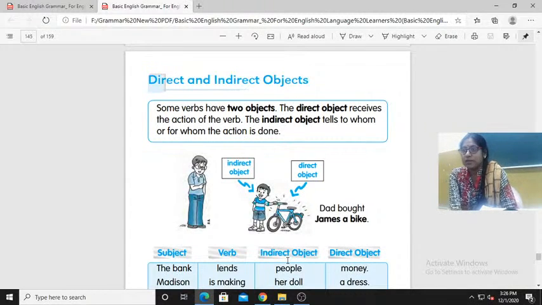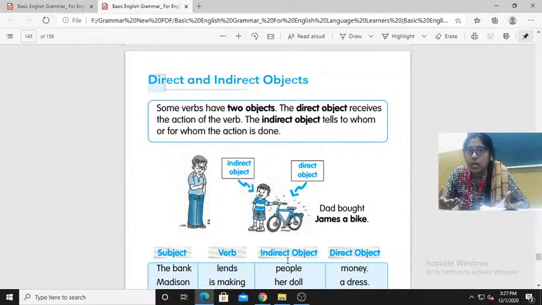So my dear children, this is not at all very tough and not at all very clumsy either. You have to be sure which one is direct and which one is indirect. The direct object receives the action of the verb. Just remember this. My mother gives me a pen.